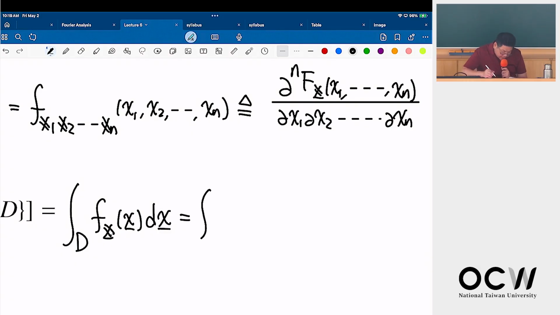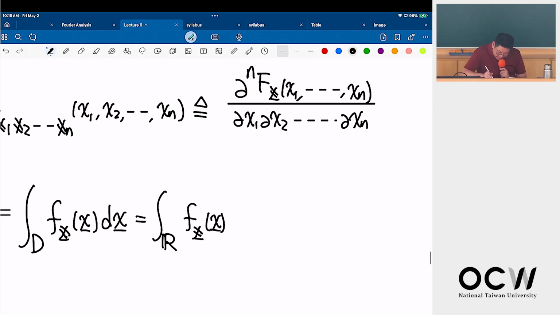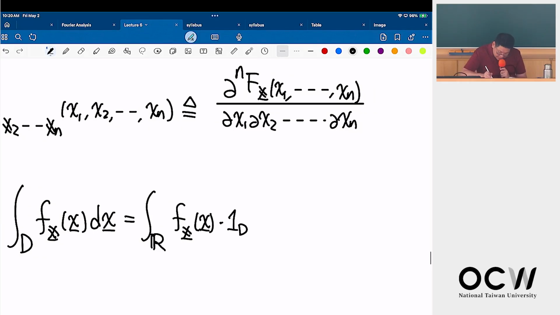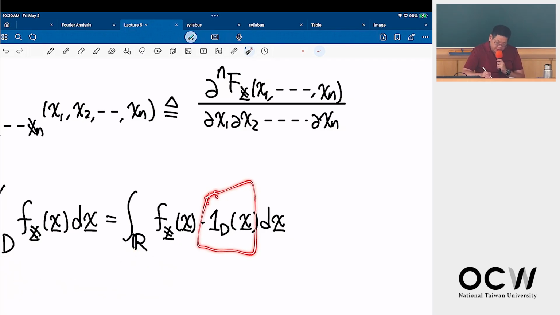We can write it as an integration over the real line. In that case, I should have an indicator function in the integrand, so I change D to the real line. That means I need the indicator function to restrict the range of x.